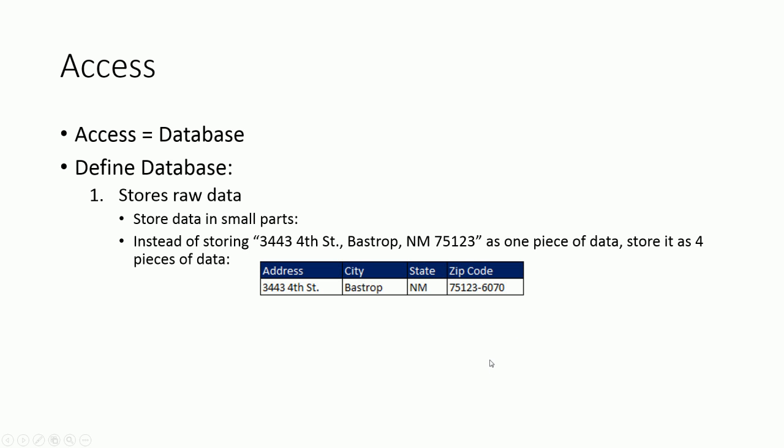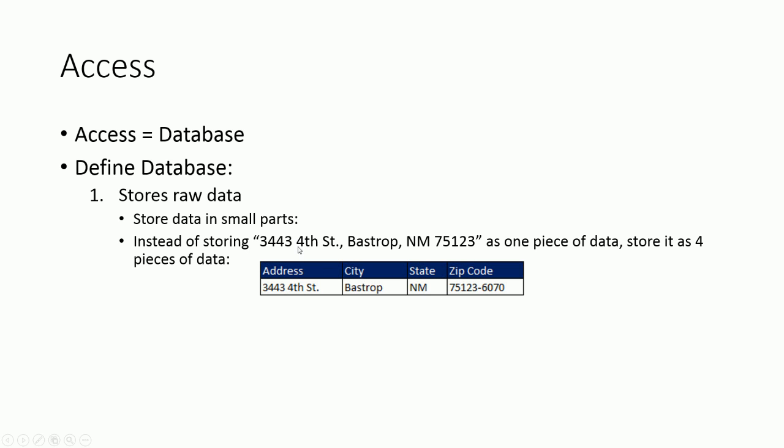And the reason why is so we can ask questions of the raw data. If I don't have the state separated into its own individual cell, it's really hard to ask the database, show me all the information from New Mexico or from Washington. Same with zip codes. You might want to sort or filter by a certain zip code. So you always got to store raw data in its smallest pieces.